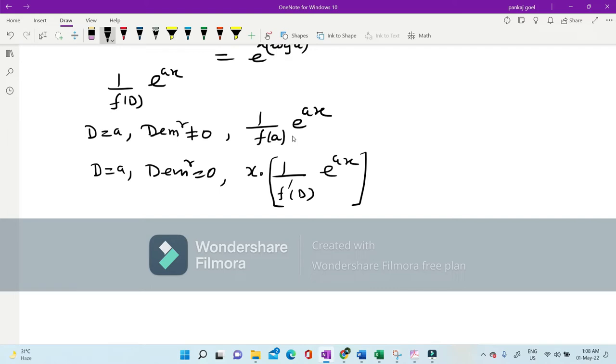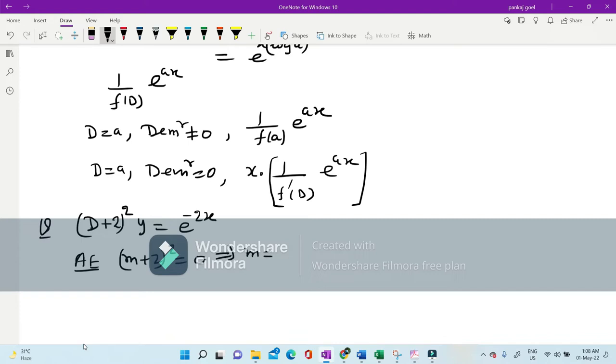Take an example. For example, let us suppose (d plus 2) whole square y equal to e to the power of minus 2x. For CF, put m for d. We will find m plus 2 whole square equal to 0.